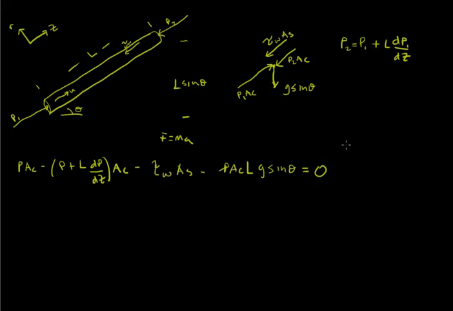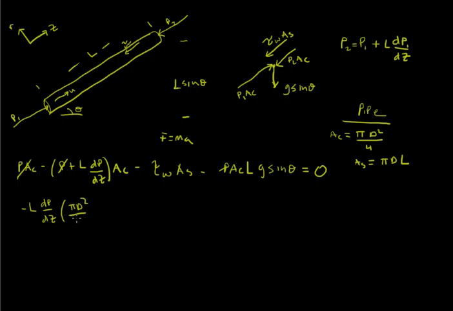Okay, and then again, we're just going to be talking about a pipe here. So for a pipe, we know cross-sectional area is going to be pi d squared on 4, and the surface area is equal to pi dl. And then let's just start simplifying. So we know that this term will cancel with this term. Then I get a negative L times dP/dz times the quantity of pi d squared on 4.